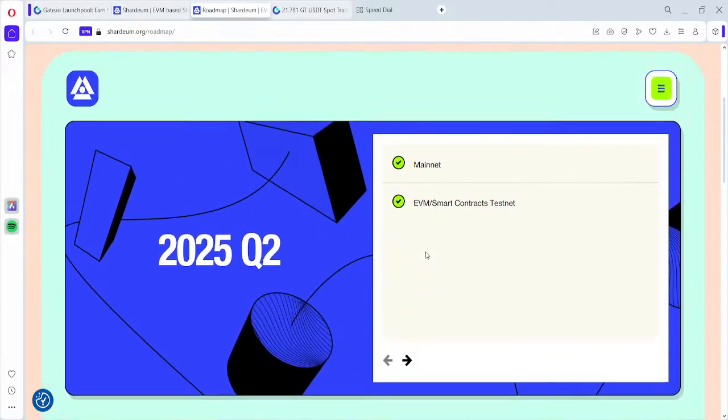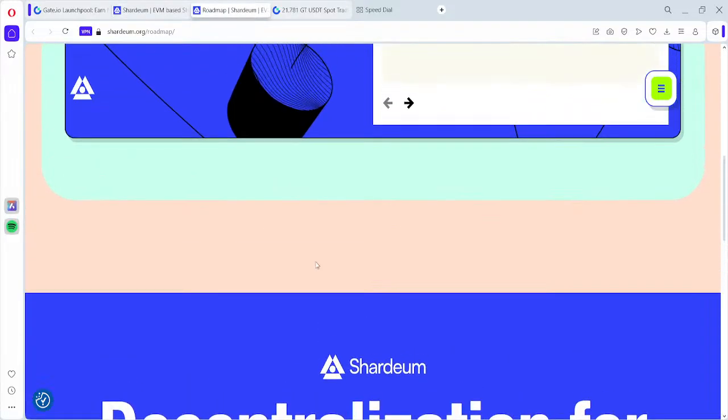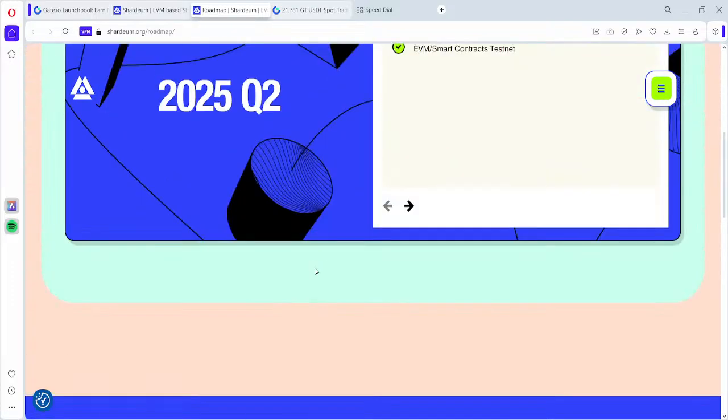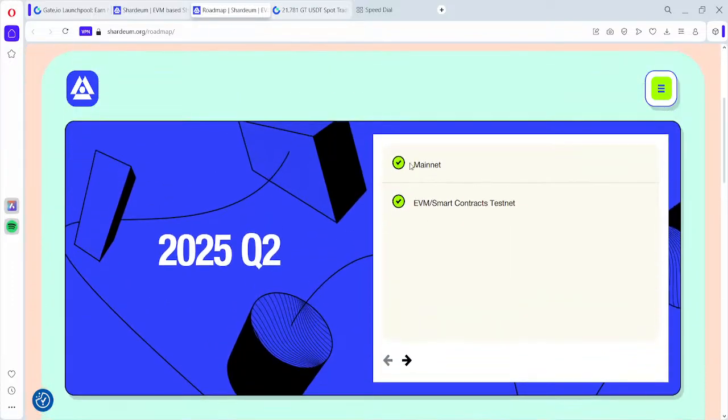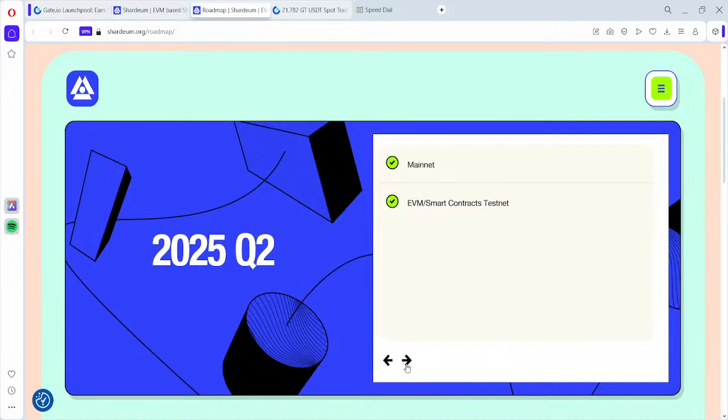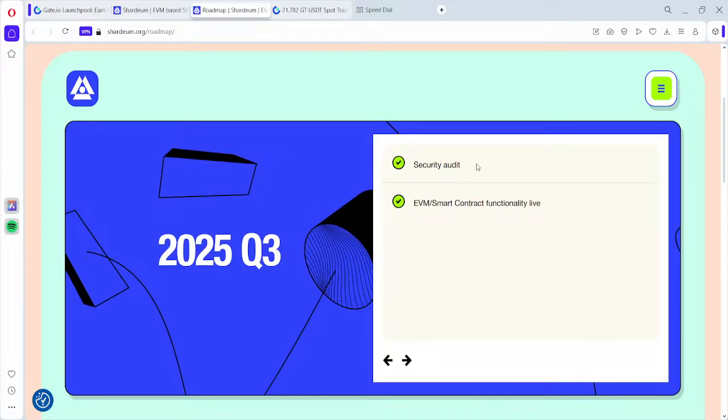Yes, okay, the project roadmap is so simple to understand. In 2025 Q2, there is mainnet and EVM or smart contract testnet, and then Q3 is the security audit. These are the things they are going to do.